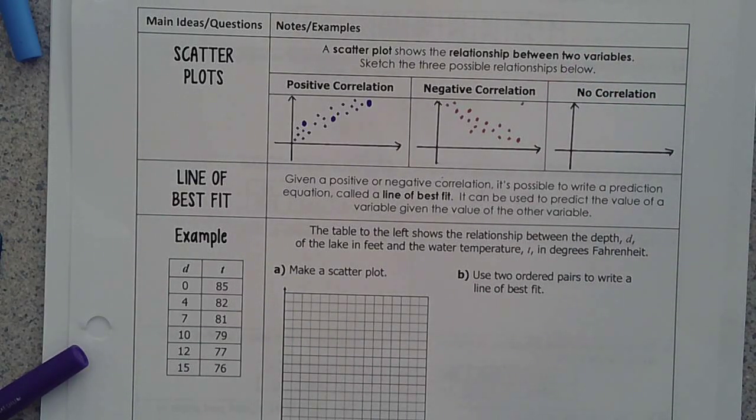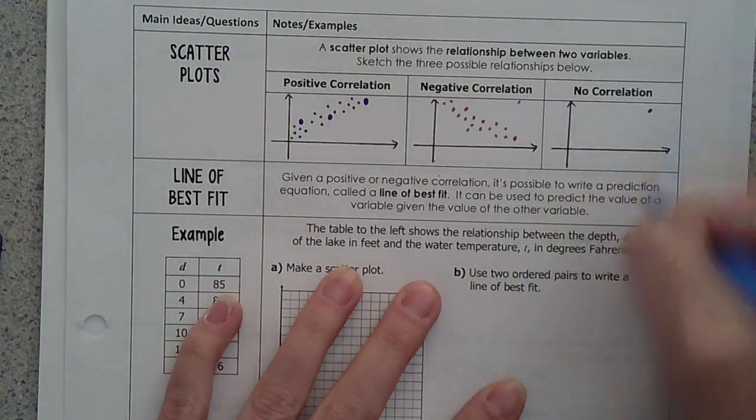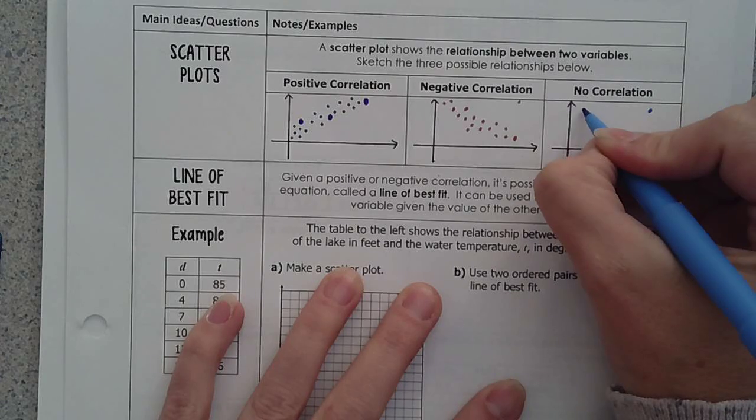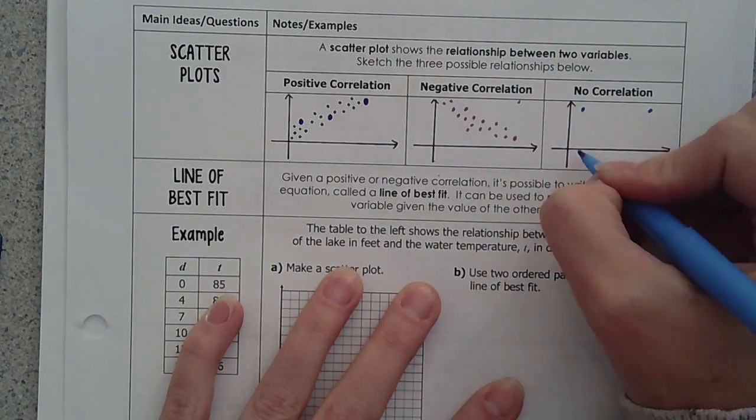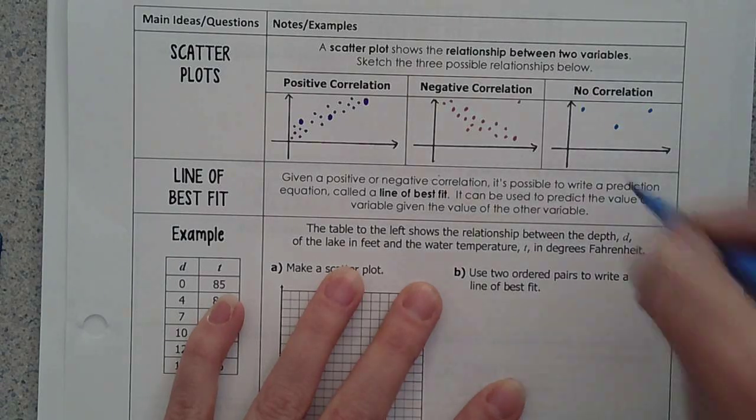Now, I could have data that has no correlation. I might go out and ask people, how old are you? And how many dogs do you have? And I might have some old people with a lot of dogs. I might have some young people with a lot of dogs. I might have some middle-aged people with a medium amount of dogs.